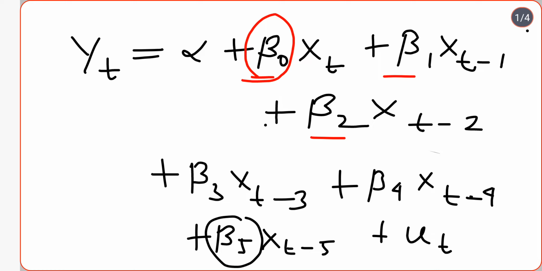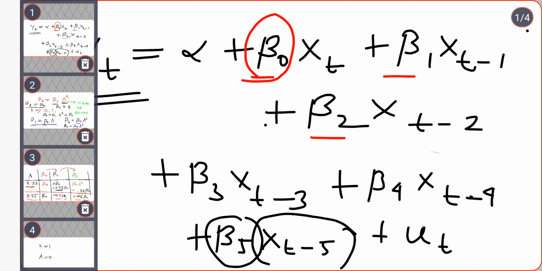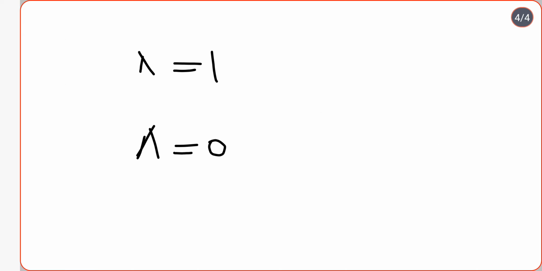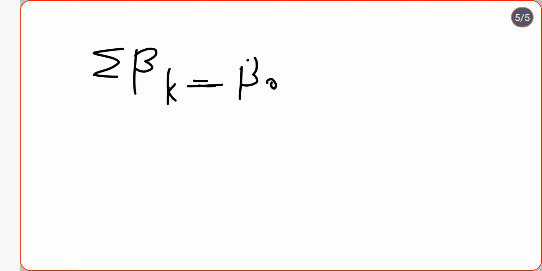If beta 5 equals 0, then that means xt minus 5, this lagged variable, has no influence or effect on yt, right? So that is the concept of lambda. Now if I want to write the model in the general form, at first let me show you the summation of beta k. Now summation beta k is nothing but beta 0, right?